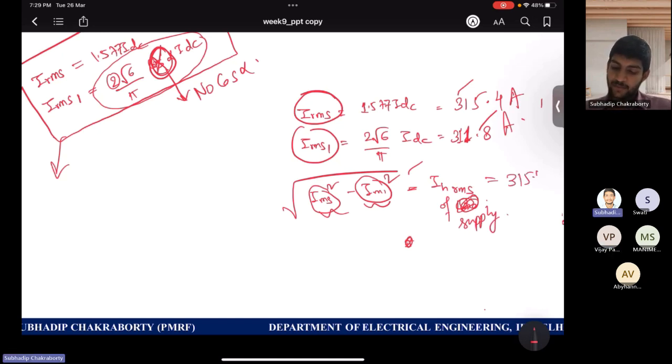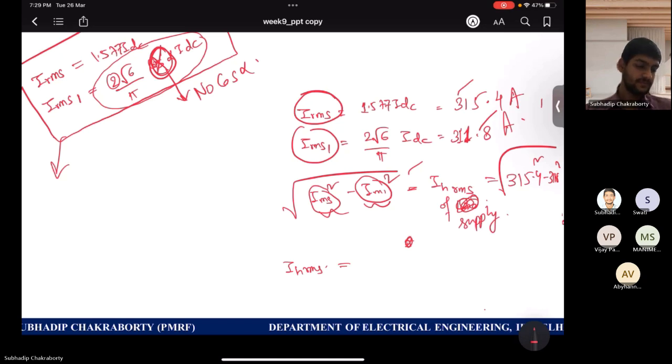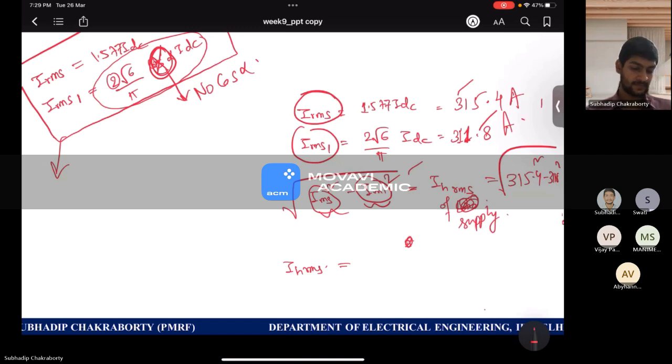So 315.4 square minus 311.8 square, whole root over. What is it coming? 47.52 amps.